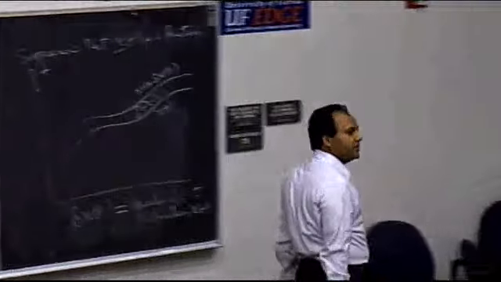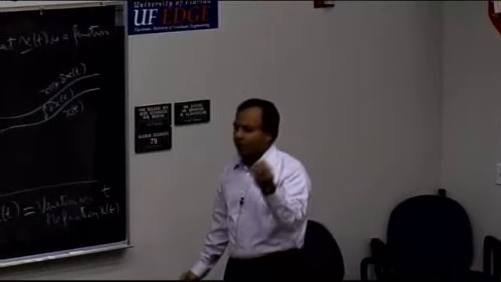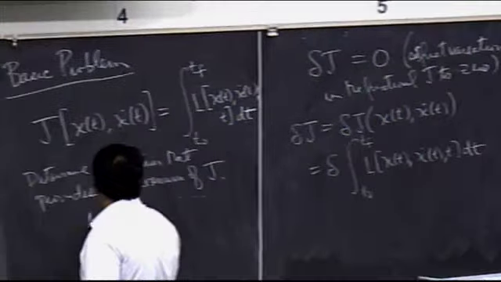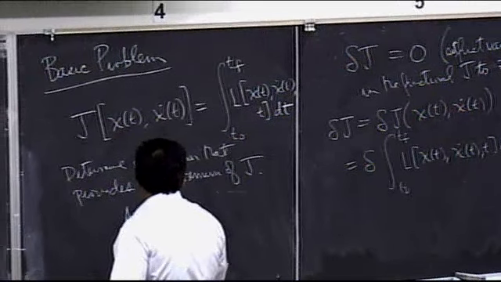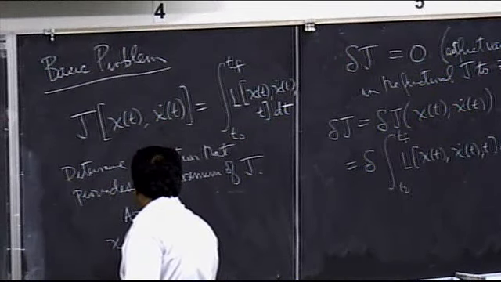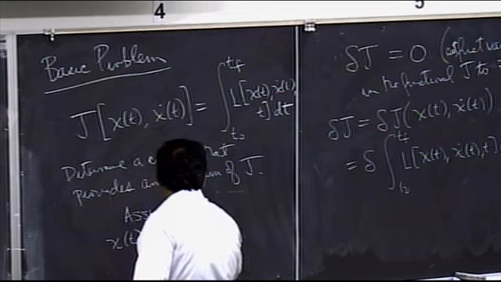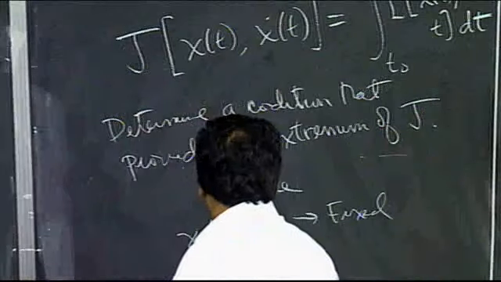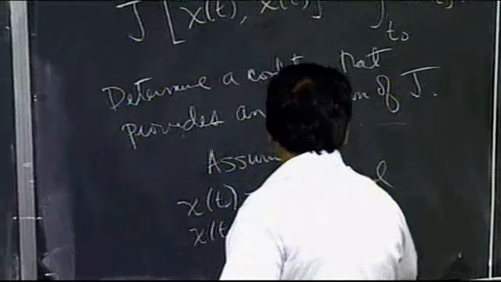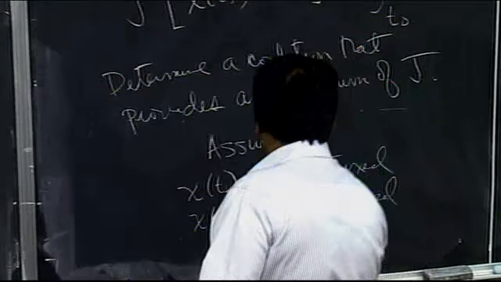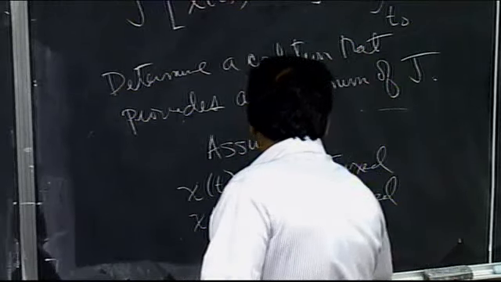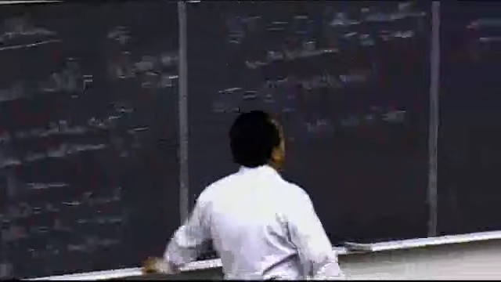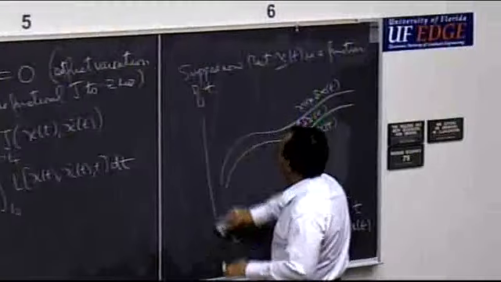What changes in this? So in other words, let's make this problem really easy. Assume the following: x of t0 equals x0, and it's fixed, and x of tf is equal to xf, and it's also fixed, and t0 and tf themselves are fixed. This is the easiest problem in calculus of variations. What does this look like on a plot? I'm going to do another plot here.